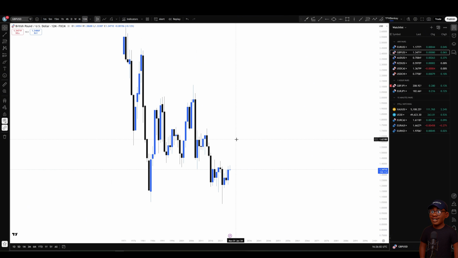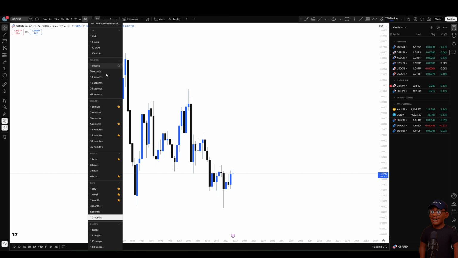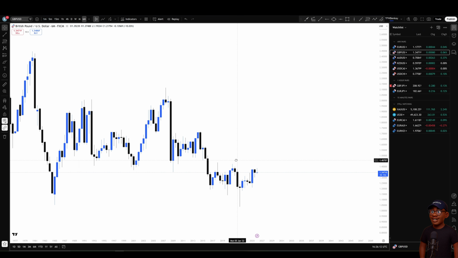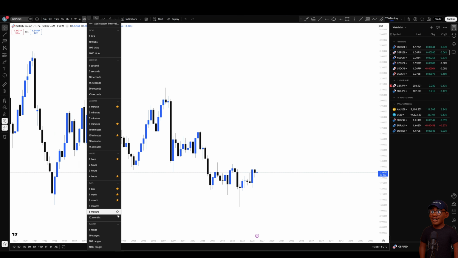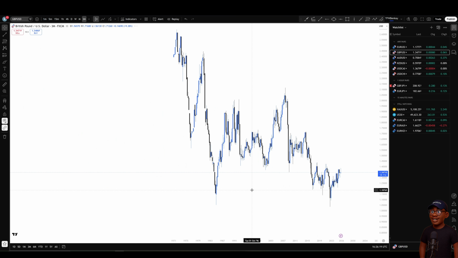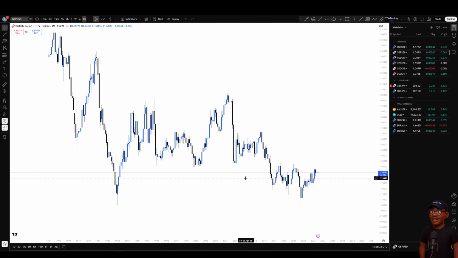So we are on the 12-month time frame. The candles are so big. Let's go down to the 6 months and let's see how they appear. They are still big. I can't do any better analysis with it. Let's go on to the 3 months. They are also significantly quite big. I can't do any analysis with it, or we can't do any analysis with it.